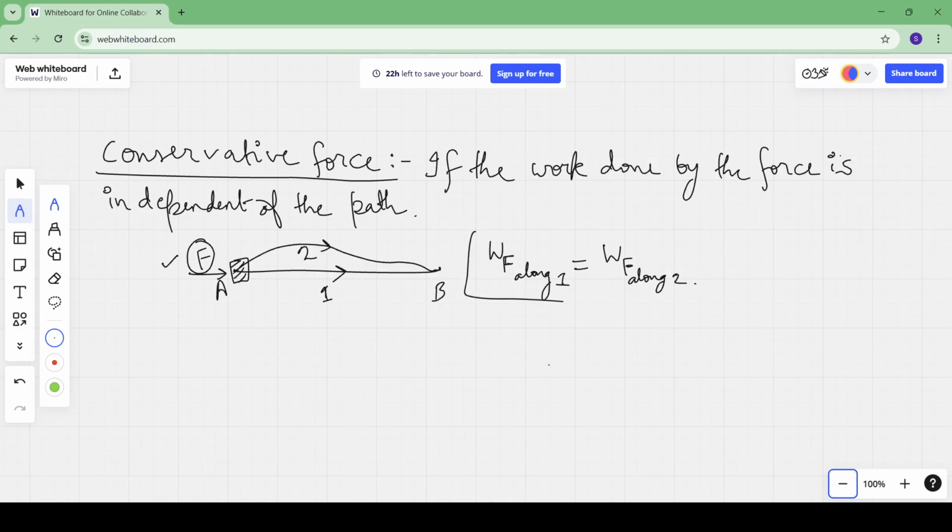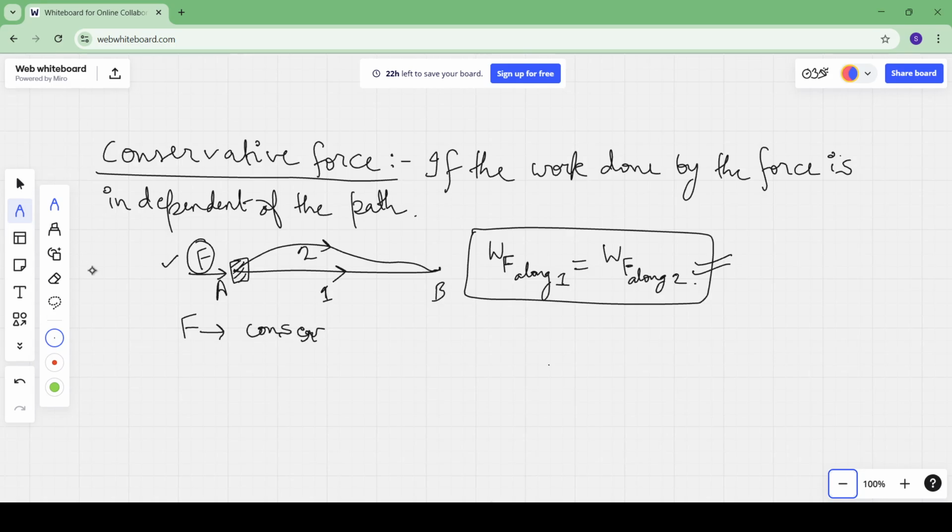So if this criterion is met, the work done comes out to be equal, irrespective of the path the block is traveling. Then we can say that the force F is a conservative force.